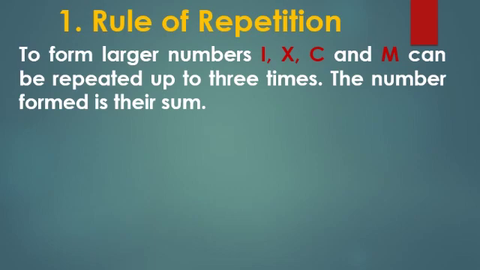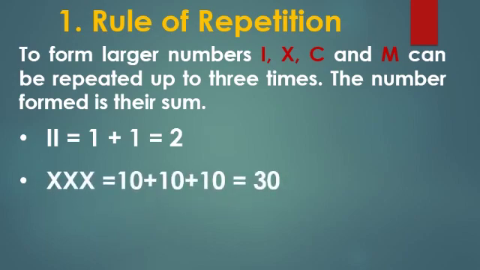Let us see the first example. Here I is repeated 2 times. So 2 times I means 1 plus 1 is equal to 2. Next example, XXX. Here X is repeated 3 times and the value of X is 10.